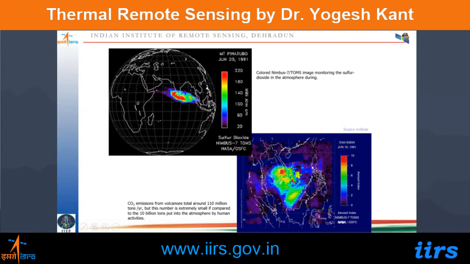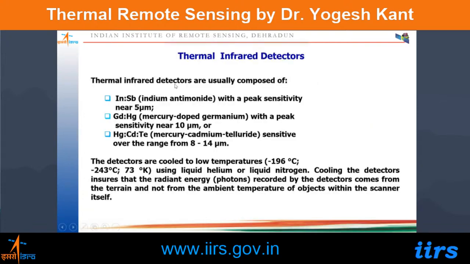Of course, when we talk about the thermal infrared, the sensors are also different, or the fabrication of the type of cameras is different from the visible infrared cameras. So the thermal infrared detectors are normally composed of indium antimonide, which has a detector sensitivity of 5 microns.